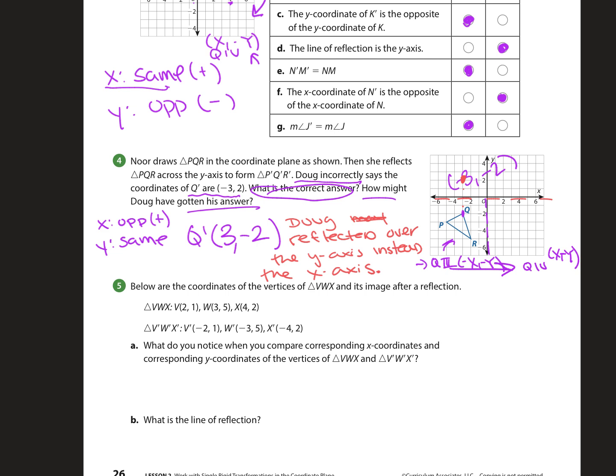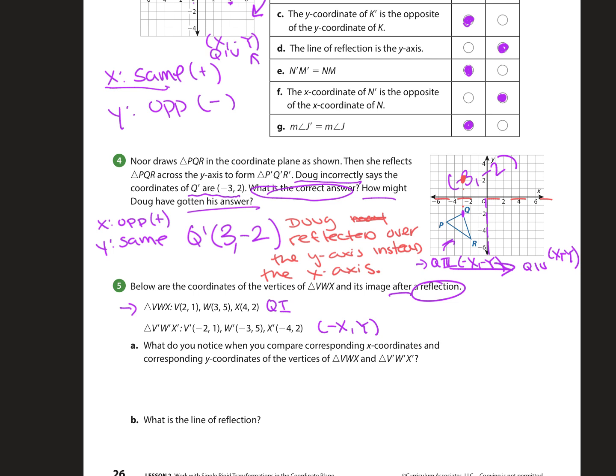Number 5. So we have the coordinates of triangle VWX and its image after a reflection. So let's see what's happening. Here, everything is positive. So it started off in quadrant 1. After the reflection, our X's are negative. Our Y's are positive.